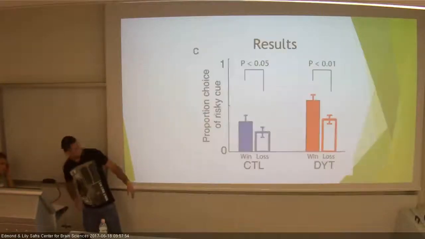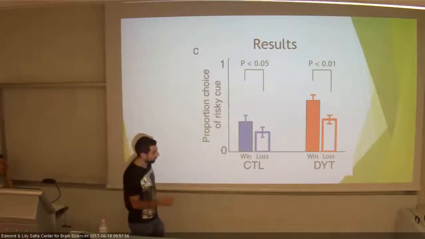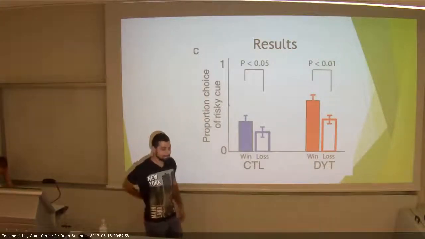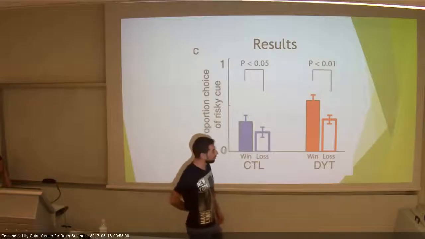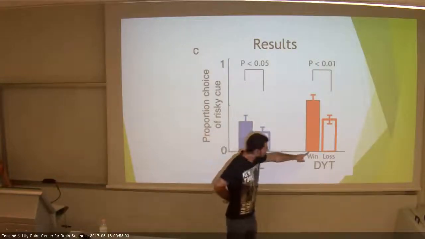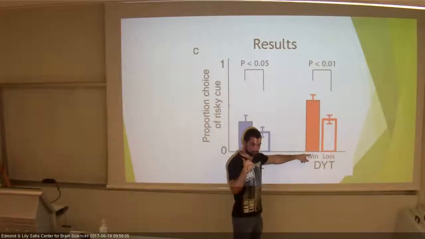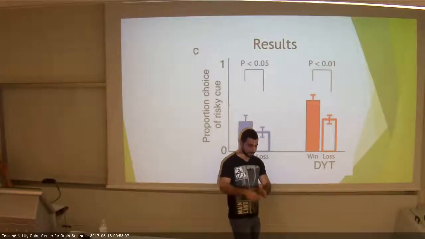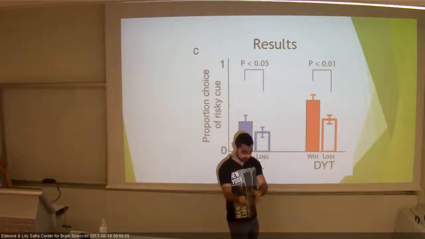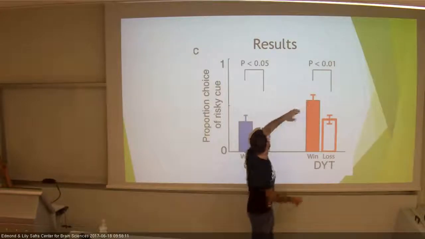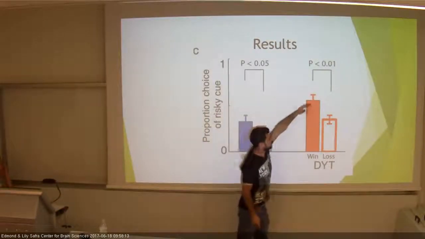So does this reflect learning or no learning? This reflects learning through trial and error. After winning the 10 cents in the last trial, where we took the 10, the probability one, the proportion of times that we take it is higher.